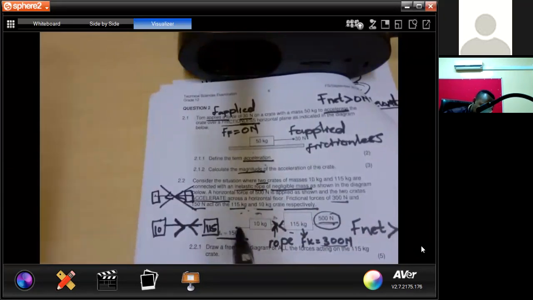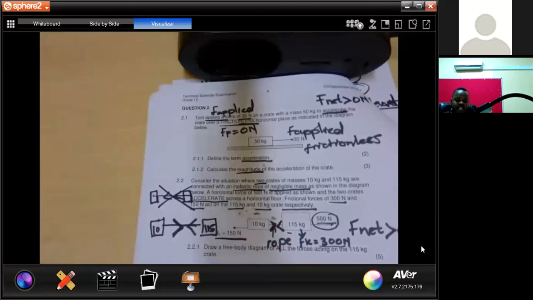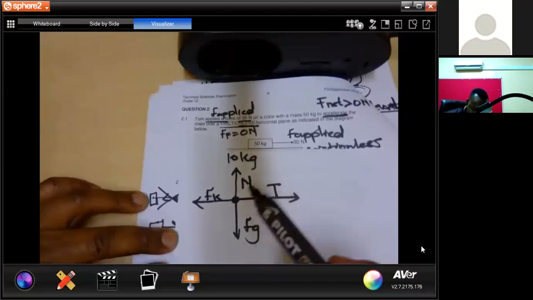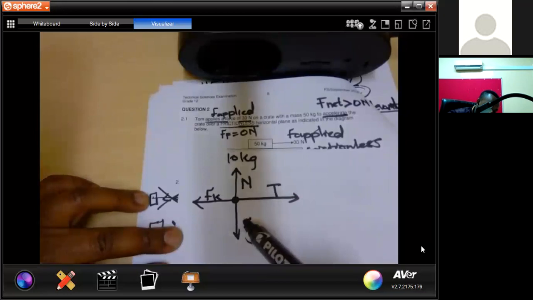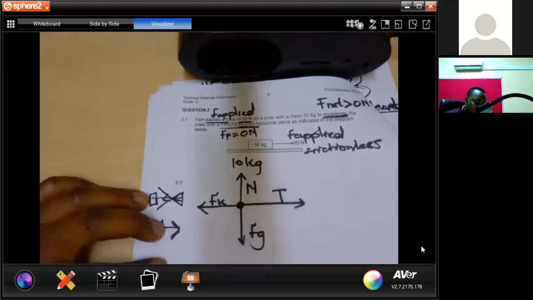And then the other force that we will then have is the frictional force. And because it's moving, we'll call it kinetic friction. These two are also balanced. They give us a net vertical force of 0. So the ones that are responsible for the acceleration of the object are your horizontal forces.